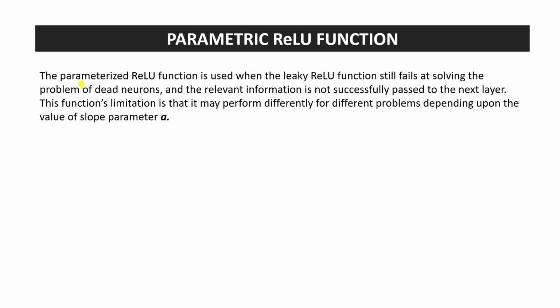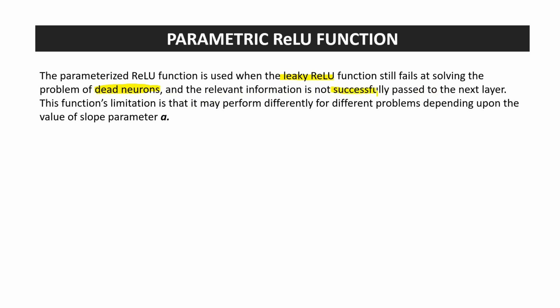The parametric ReLU function is used when the Leaky ReLU function still fails at solving the problem of dead neurons, because it is time consuming. I mean the Leaky ReLU, because it has a small number of weights, and the relevant information is not successfully passed to the next layer.